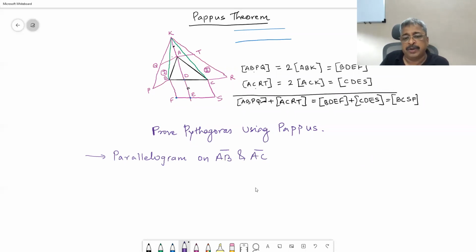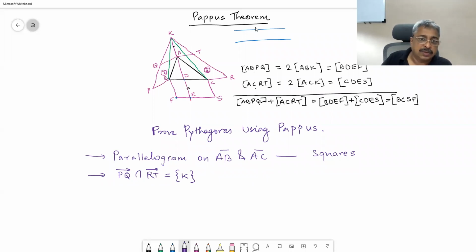So instead of parallelograms, you are drawing squares. Fair enough. Second requirement, ray PQ intersects ray RT at K. Check whether you are doing it in your construction.